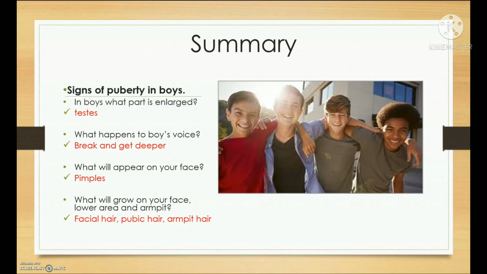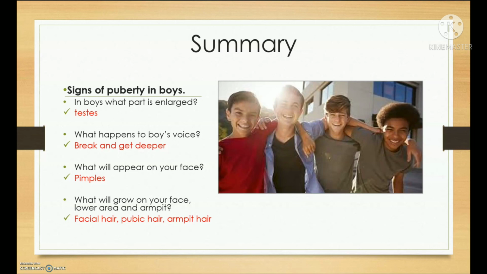Very good. Testis. Another question. What happens to boys' voice or vocal cords? Very good. So the boy's voice breaks and gets deeper.